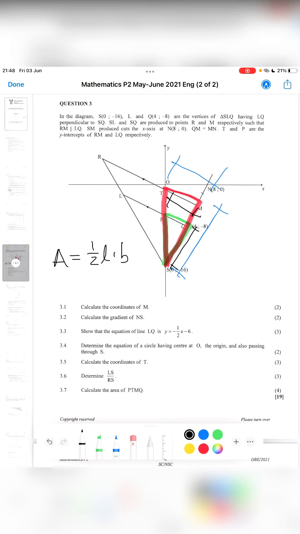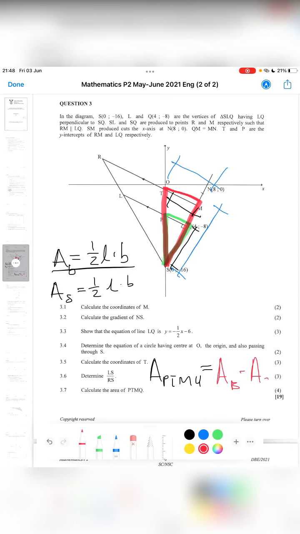Then she will use this formula to calculate the area of the bigger triangle, and the same formula to calculate the area of the smaller triangle. Therefore, the area of PTMQ equals the area of the bigger triangle minus the area of the smaller triangle. Does it make sense, guys? Is this what you're saying?